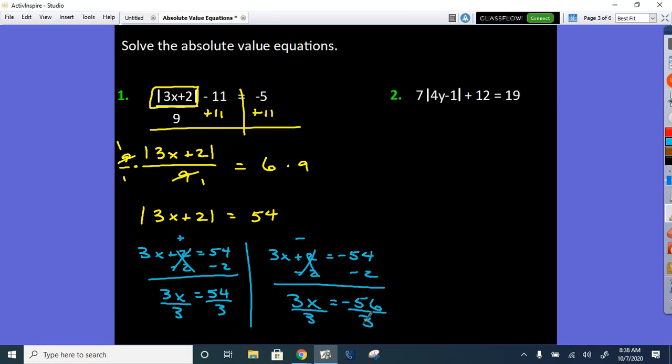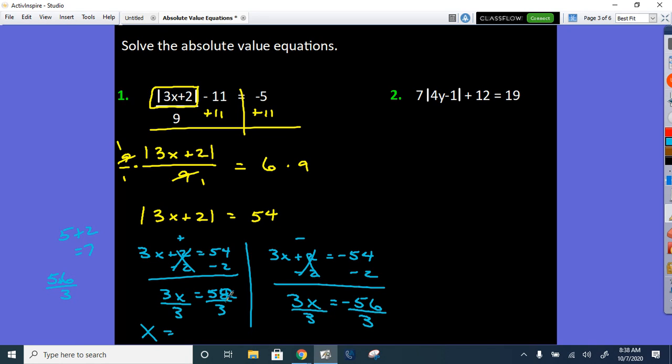And now as you look at this and say, well, I don't get a whole number here, that's okay. We're going to have whatever value we get, even if they're fractions. We could leave this as 52 over 3. 52 does not divide equally by 3. I know that because when I add my digits together, 5 plus 2 equals 7, and 7 is not a multiple of 3. The same would be true of 56. It's not a multiple of 3 because 5 plus 6 is equal to 11, not a multiple of 3.